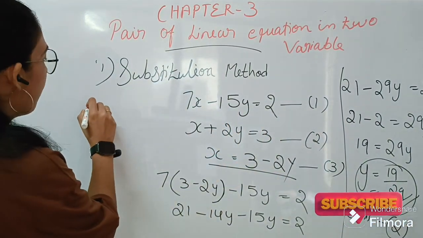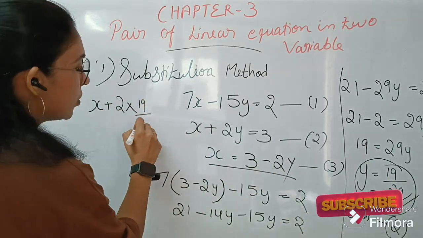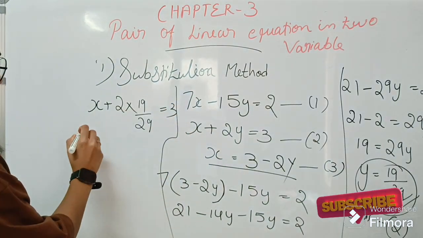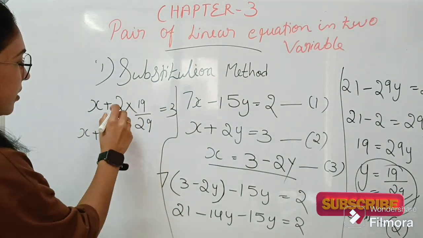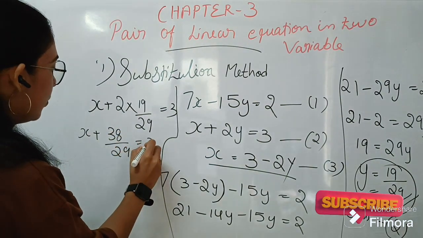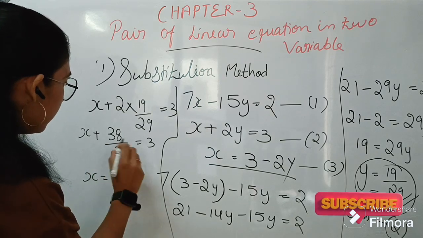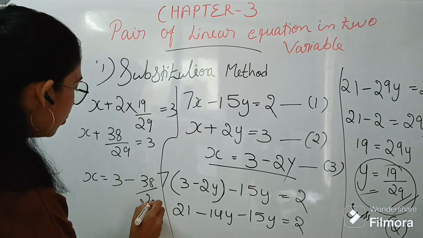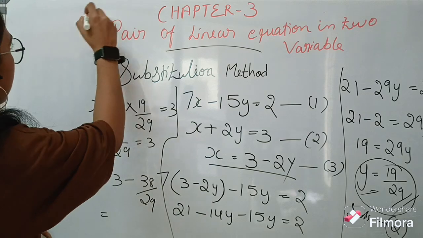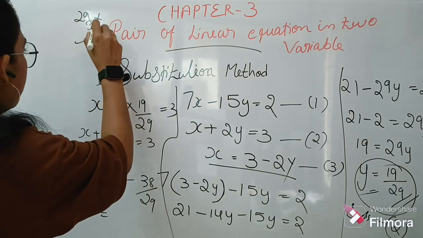Let me check. That is x plus 2 times 19 by 29 is equal to 3. Okay. Then x plus 19 times 2 is 38 divided by 29 is equal to 3. Then x is equal to 3 minus 38 by 29. Okay. So what is it? 29 times 3 is 87.